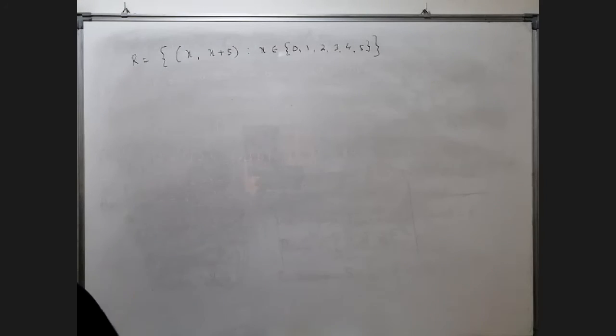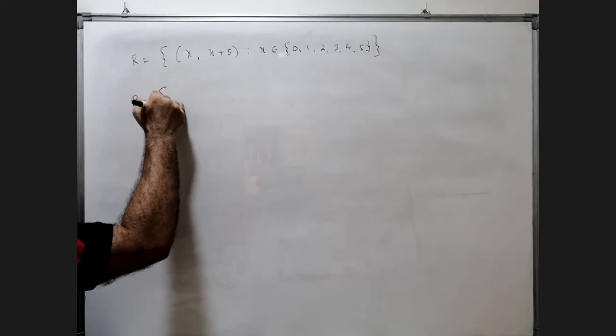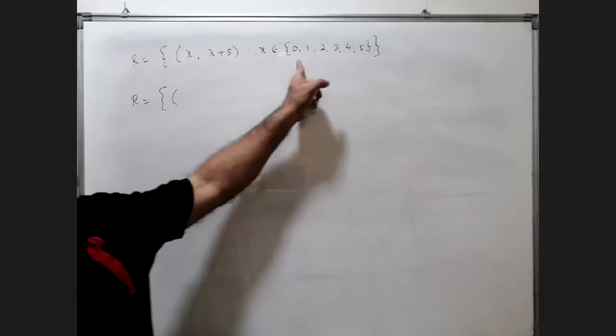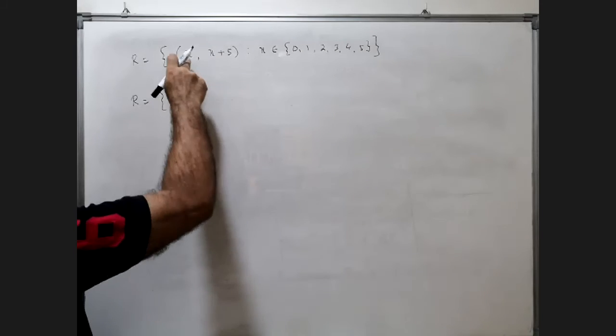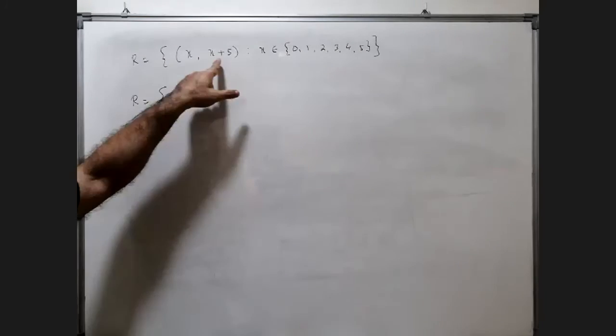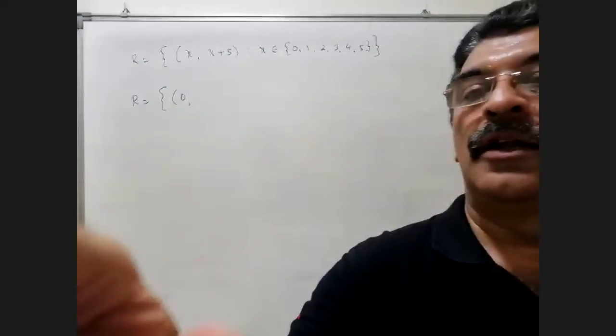So write the ordered pairs. These are the x values. The first value of x is 0, and we find its corresponding y value.